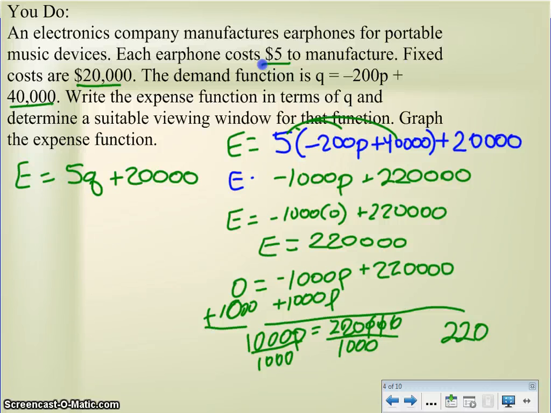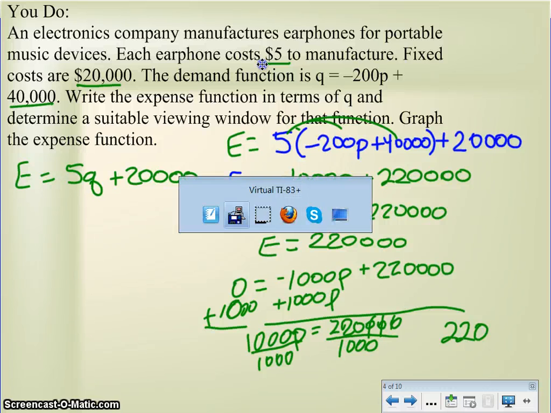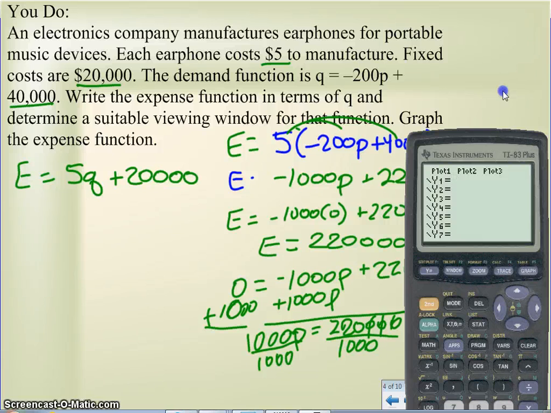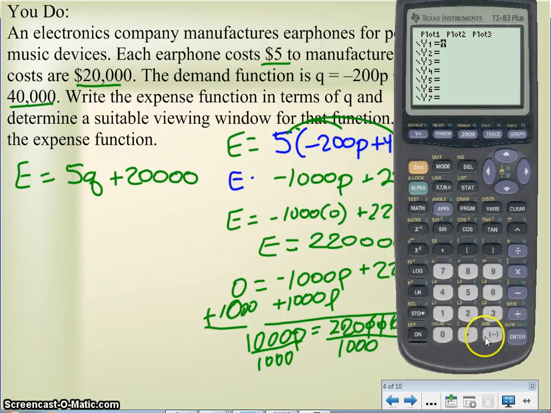Let's go ahead and set our window on the calculator. So my equation, first off, is negative. Now, one thought on this calculator, make sure that you are using this negative button down here on the bottom next to the enter key and not the subtraction key.